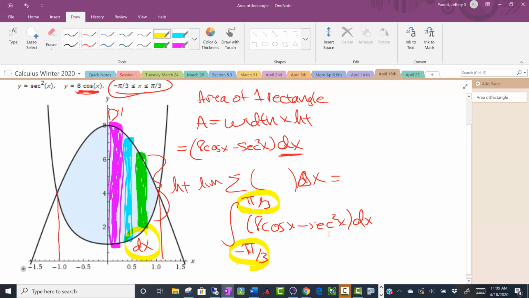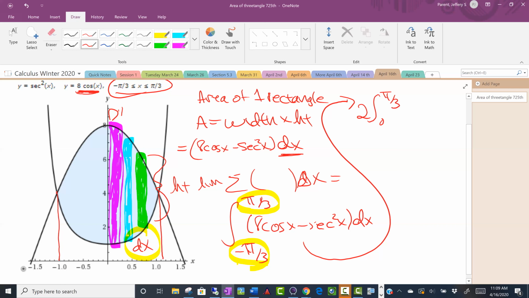In fact, you can see that here because both of these are symmetric with respect to the y-axis. So if I folded this graph over on the y-axis, the left-hand side would match the right-hand side. It'd be perfect. So instead of finding the area from negative pi over 3 to pi over 3, how about we double the integral from 0 to pi over 3.